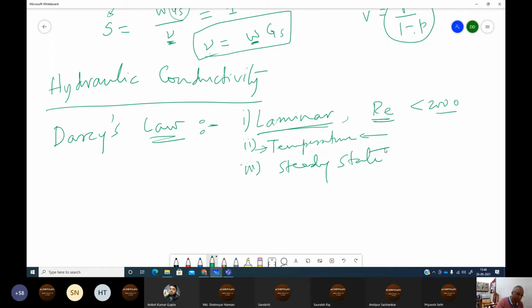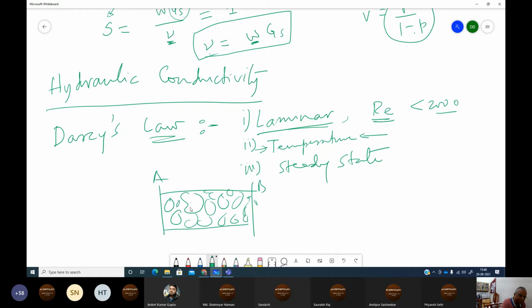Like if there is a pebble like this, and let's say this is point A and this is point B, this is pebble, sand, whatever is there, and water is coming in here and coming out from this side. Then whatever the quantity coming in and quantity coming out are the same.